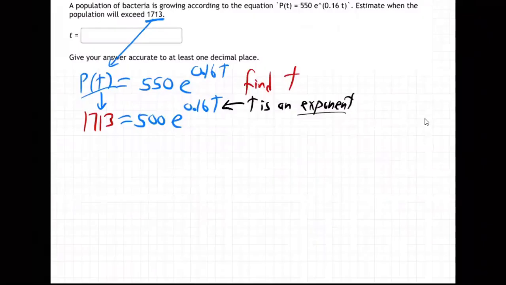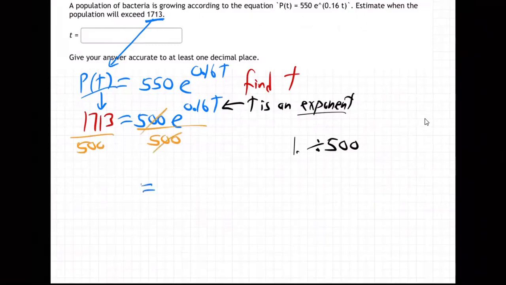So whenever you see the letter up in the power zone as an exponent, step 1, divide both sides by the 500. So let's do that. Divide both sides by 500, boom, boom.